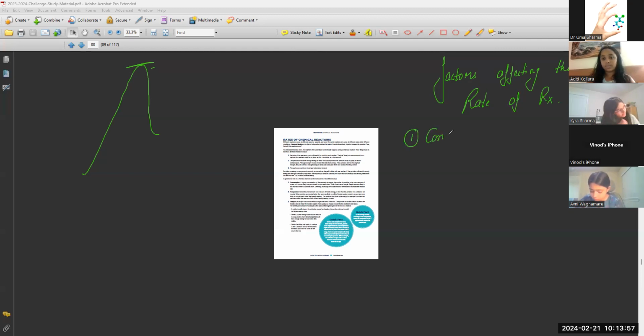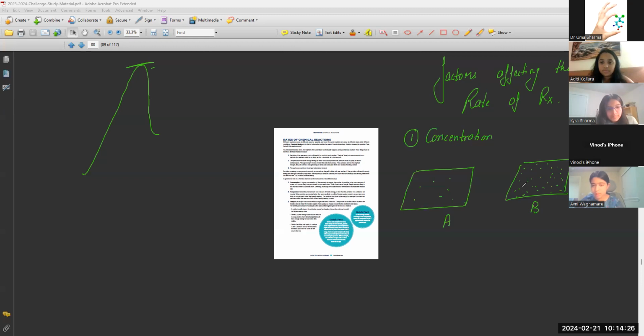So let's see the first factor: concentration. You know the meaning of concentration, children? Amount. Okay, I'm giving you two pictures here. This is A, this is B. In which case is the concentration high? B. In which case is the collision rate high?